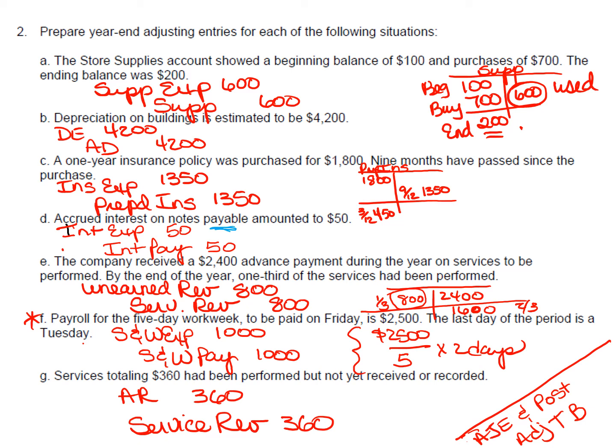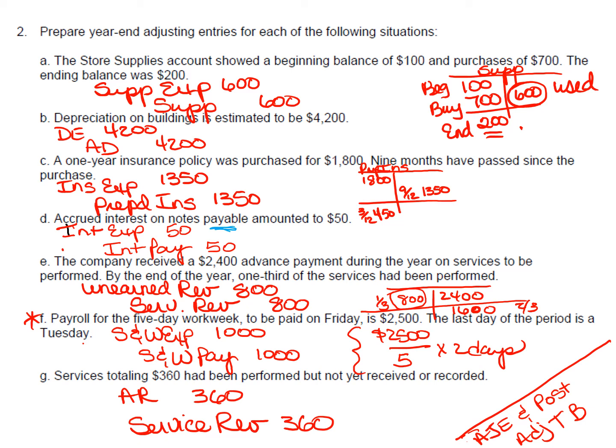So because year end is on a Tuesday, I need to accrue or recognize the usage of my workers for Monday and Tuesday. So 2 days of $500 is $1,000. So I'm going to expense salaries and wages expense $1,000 because I used my employees Monday and Tuesday, and I'm going to credit salaries and wages payable because I'll pay them later. Expense them now, pay them later.